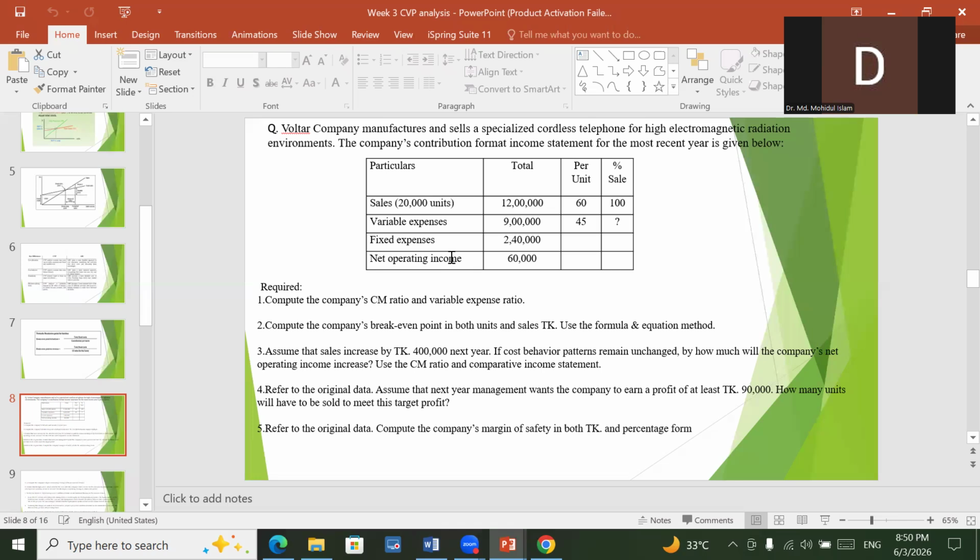This consequence pattern of cost is called a contribution format income statement. And required number one, compute the company's CM ratio and variable expense ratio.